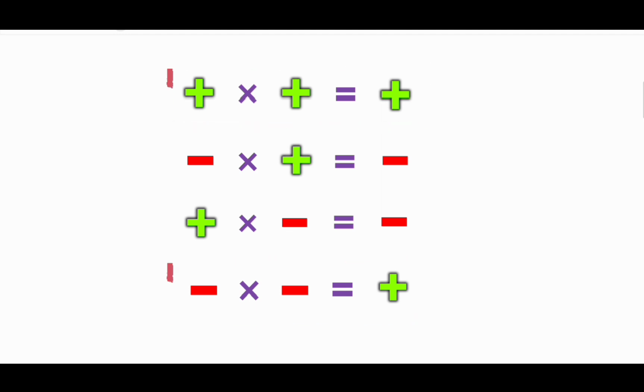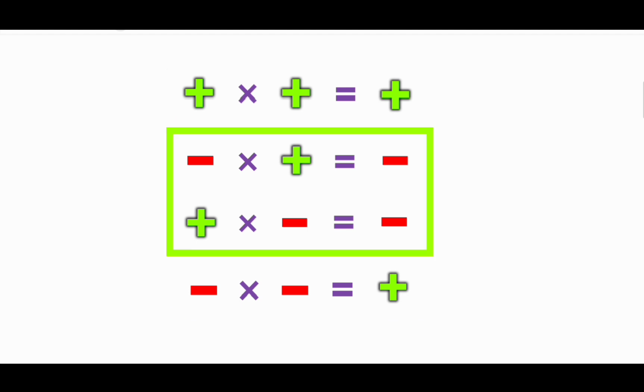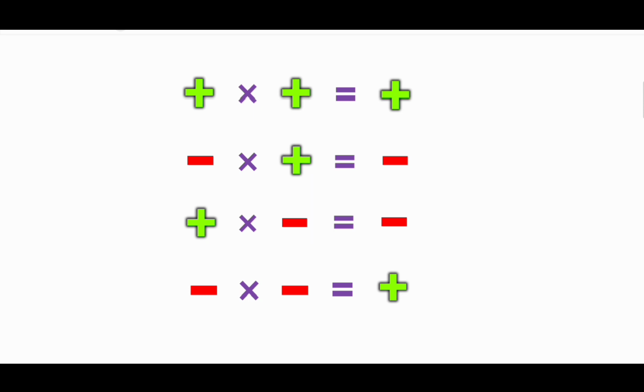Multiplying two numbers with the same sign always gives a positive result. And multiplying two numbers with opposite signs always gives a negative result. Understanding this can help us simplify multiplication problems involving multiple numbers of different signs.